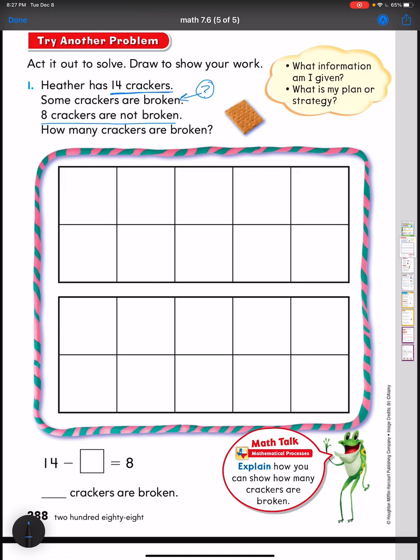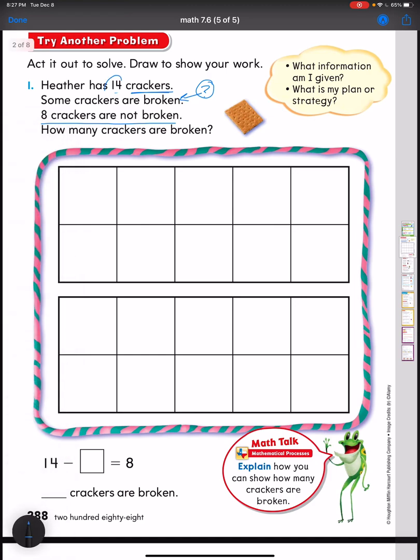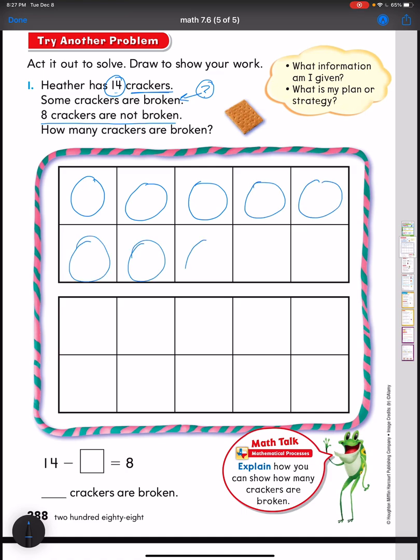So let's start with what we know. I know that there's 14 crackers. So I'm going to draw that. I'm going to use my 10 frames to draw those 14 crackers. So 10, 11, 12, 13, 14. And 8 of them are not broken. I need to find out how many were broken.